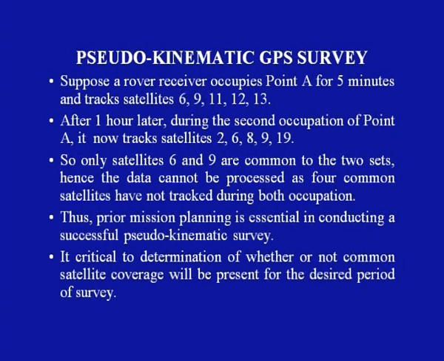So, only satellites 6 and 9 are common to the two sets, hence the data cannot be processed as 4 common satellites have not been tracked during both occupations. Thus, prior mission planning is essential in conducting a successful pseudo kinematic survey. It is critical to determine whether or not common satellite coverage will be present for the desired period of survey.